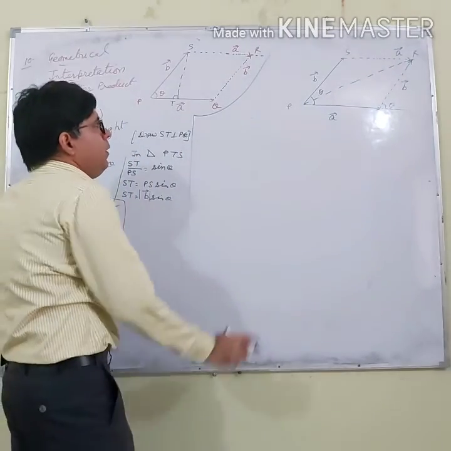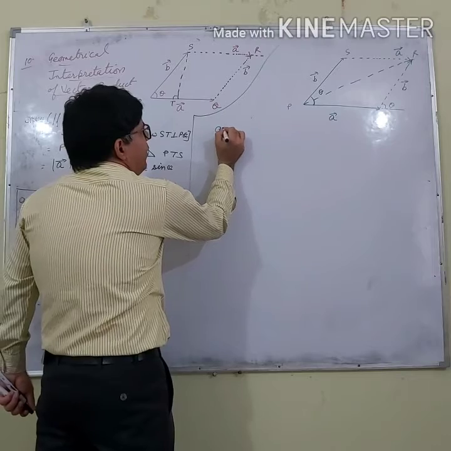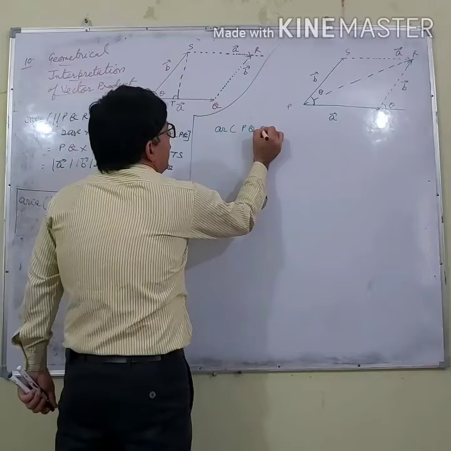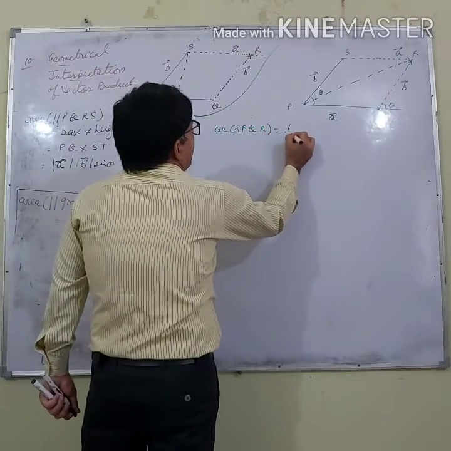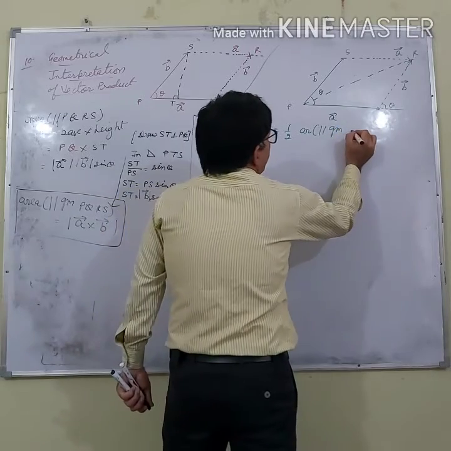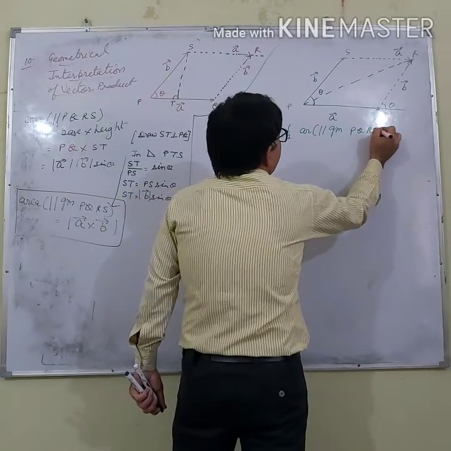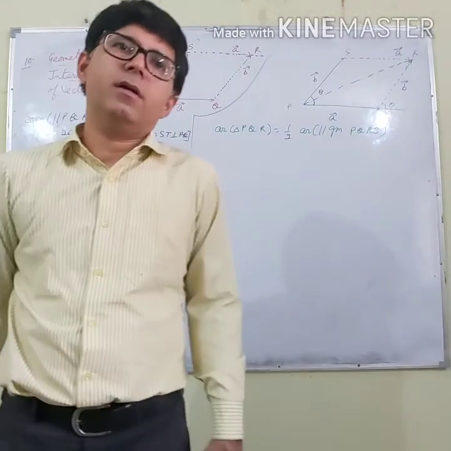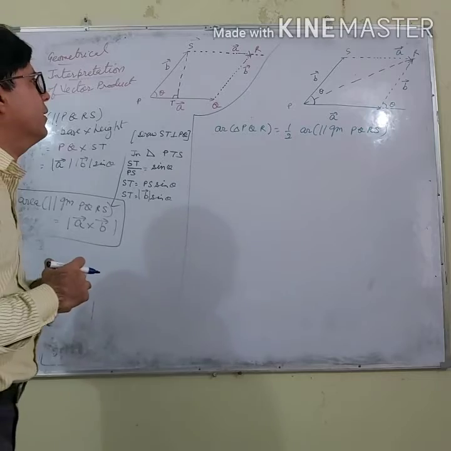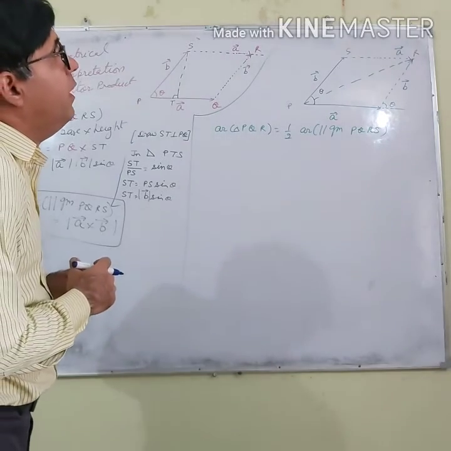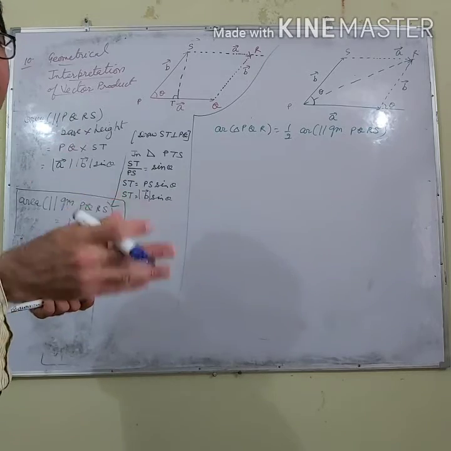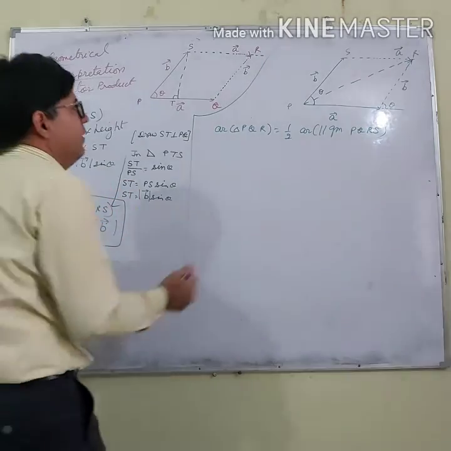Now the area of triangle PQR is half the area of parallelogram PQRS, because a diagonal of a parallelogram divides it into two triangles of the same area, as you have studied.